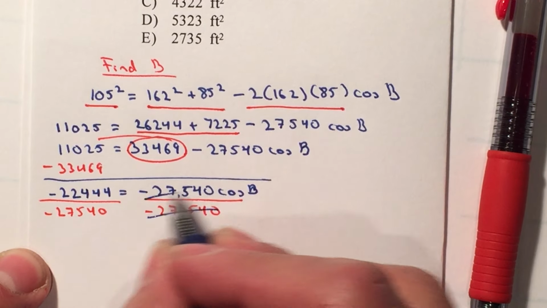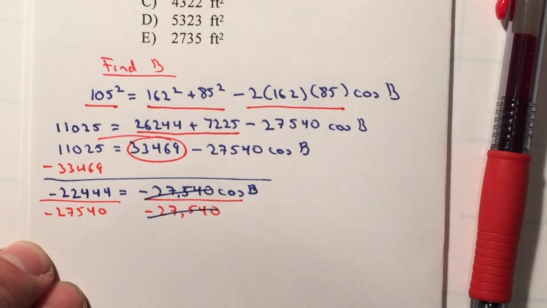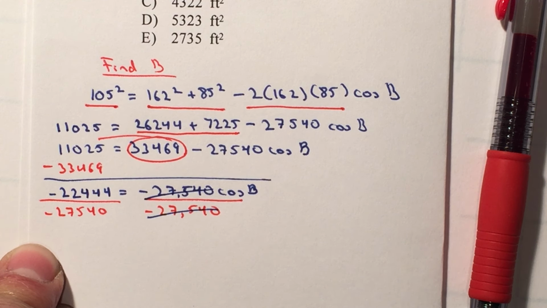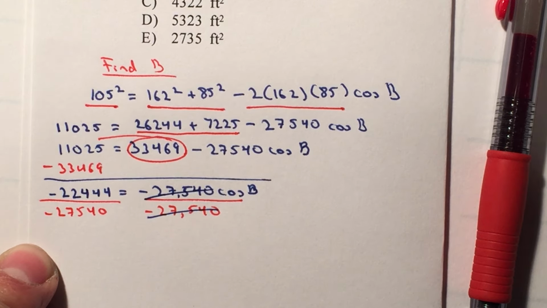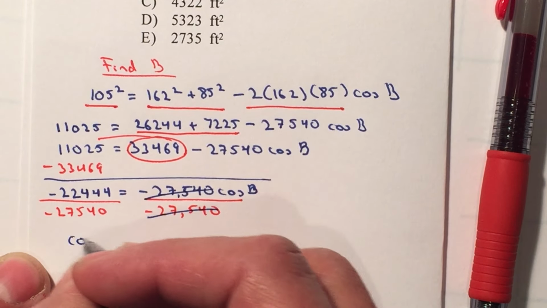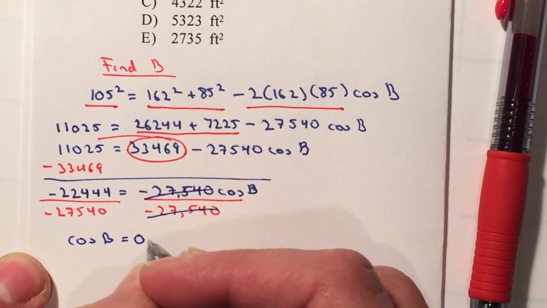That cancels. So therefore the cosine of B is equal to 0.81.